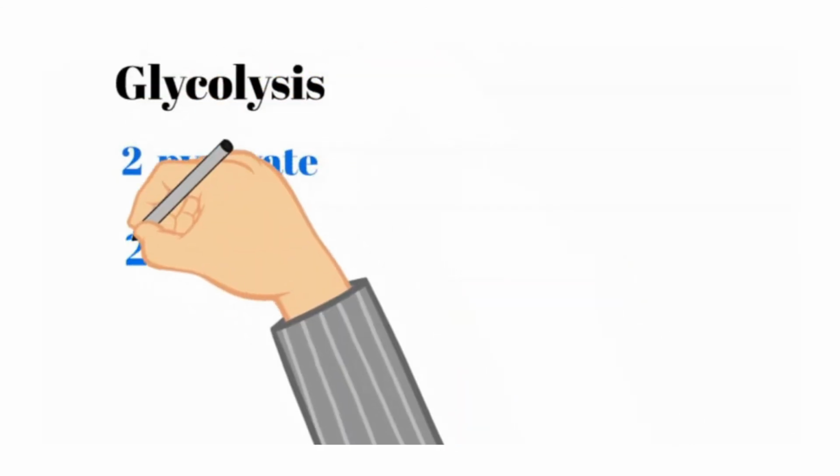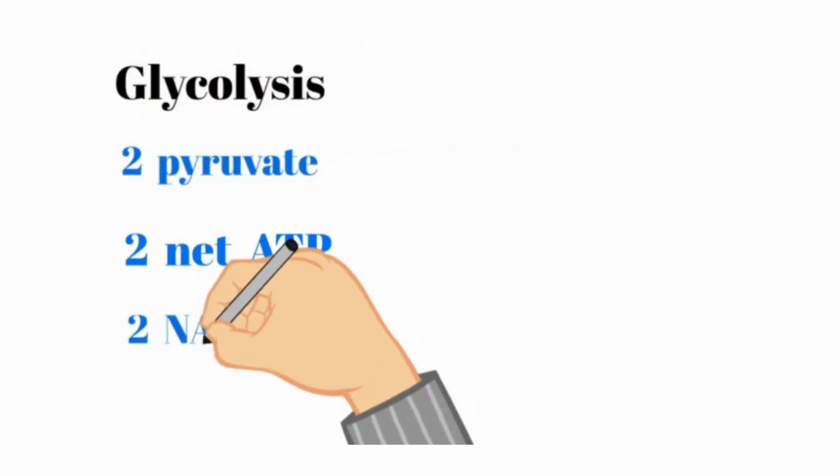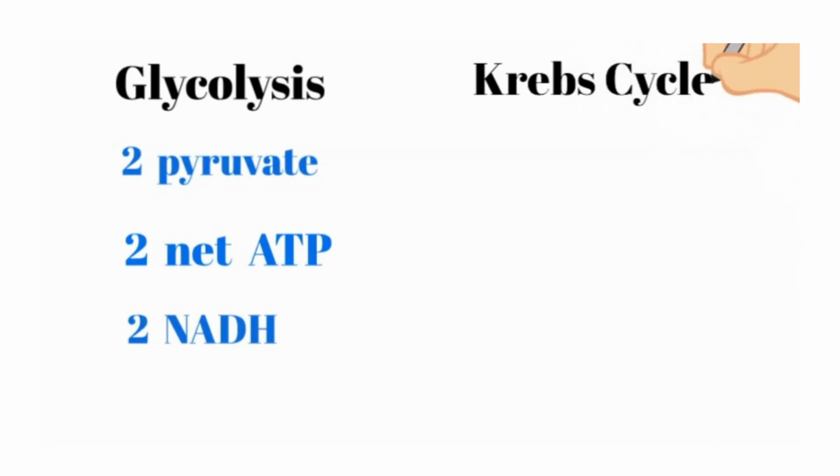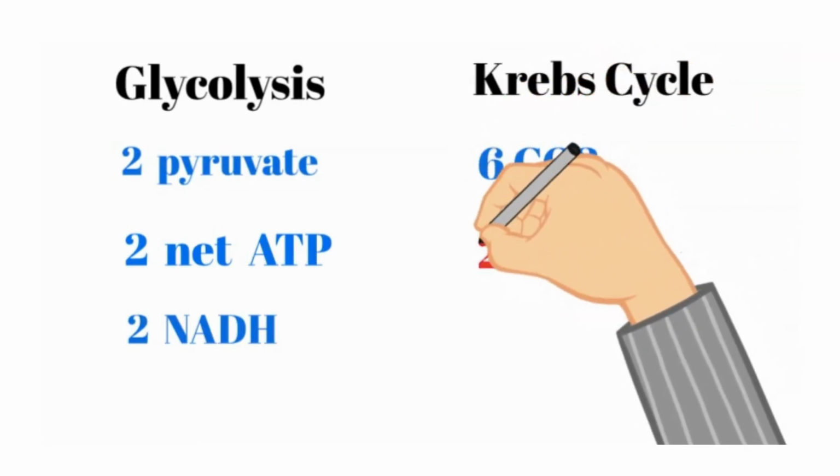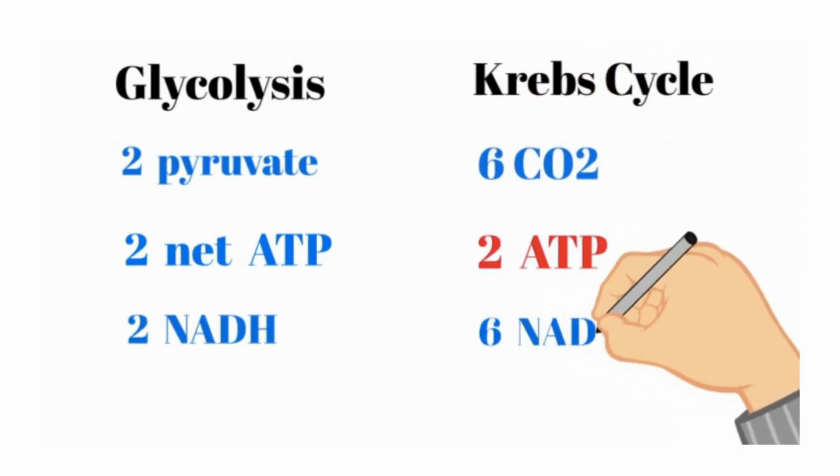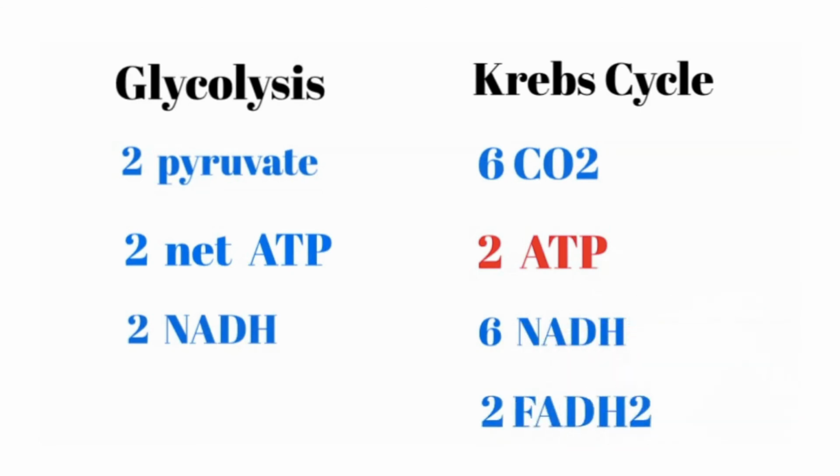So a review of the 2 processes, glycolysis and the Krebs cycle. Glycolysis produces 2 pyruvate, 2 net ATP. And I say 2 net ATP because it produced 4 total ATP. In step 7 and step 10, each of those steps produced an ATP molecule.